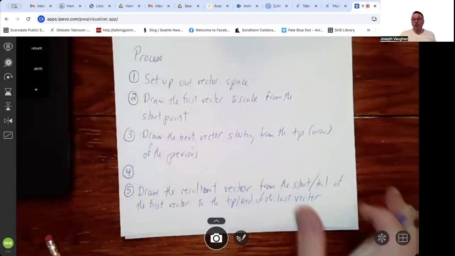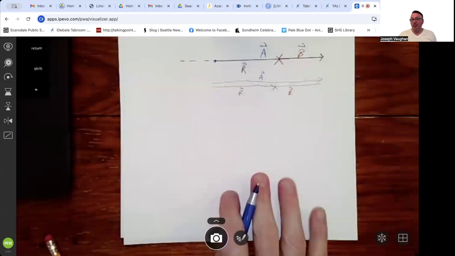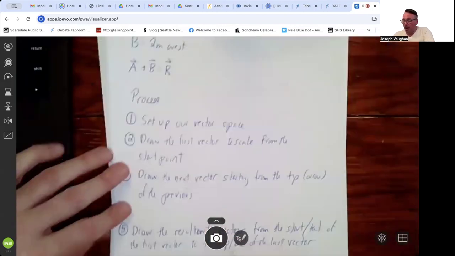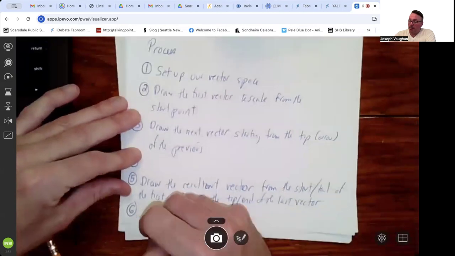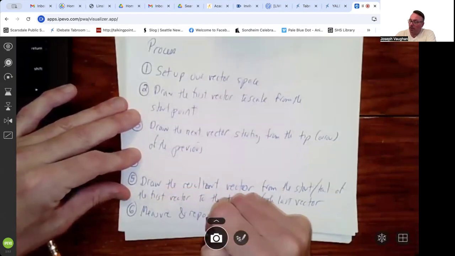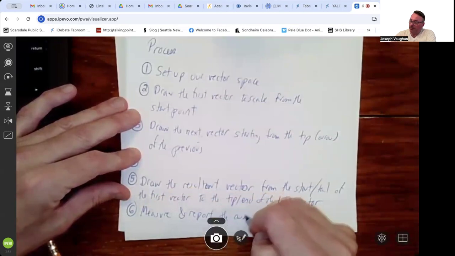Now, we know what the answer is going to be, folks, but if you were doing a more complicated vector problem, I might not know what the answer is. So our last step here is to measure and report the answer.